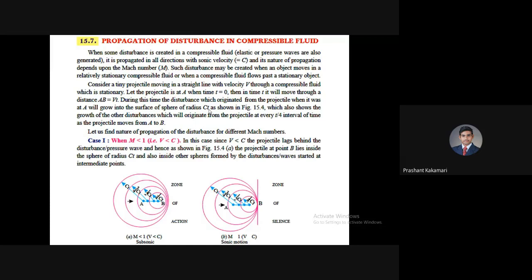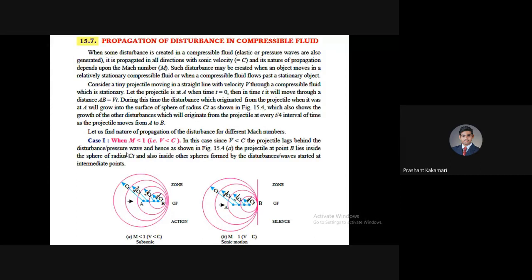And delta T is the change in time, or the time for which we are finding the travel of the disturbance. So those circles indicate the speed at which the sound or the disturbance is traveling from a given point. And from A to B, how the body is moving, that is V into delta T.